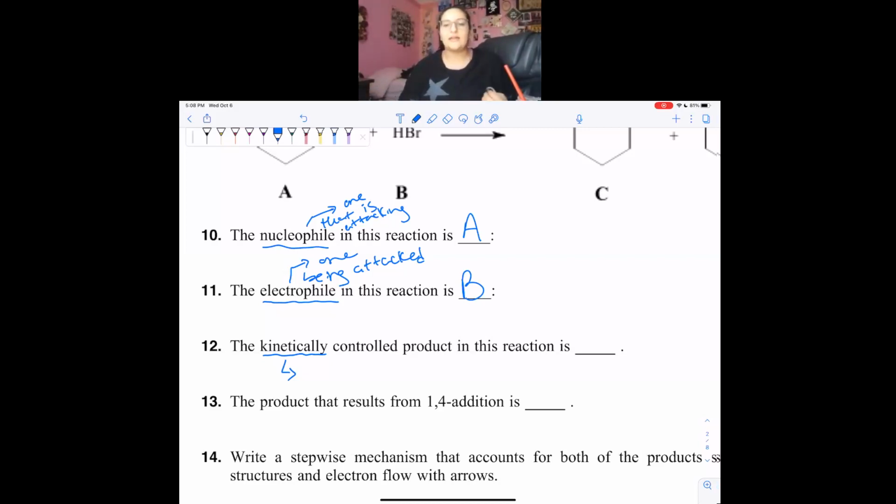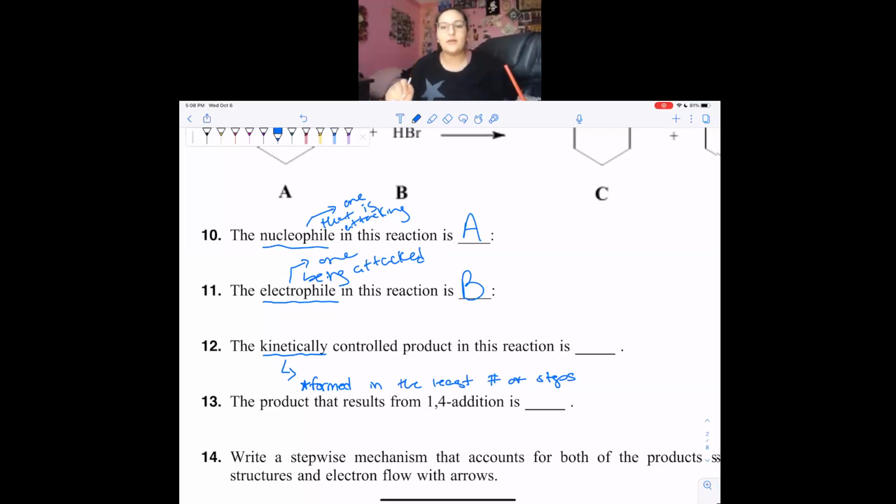Right? And so now it's like, okay, are we talking about the kinetic or higher temperatures? So I would say do the least number of steps. Exactly. So it is the one that's forming faster, but for the purposes of technicality, I'm going to say formed in the least number of steps.